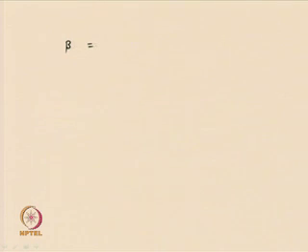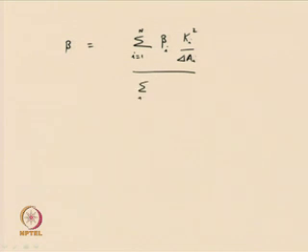Similarly, the momentum correction factor also you can write as the sum from 1 to n of beta I K I squared by del A I, divided by the sum from 1 to n of K I squared, by capital A. Okay.